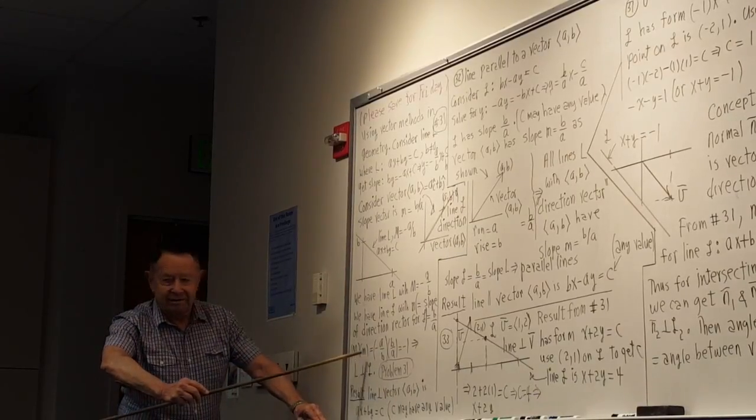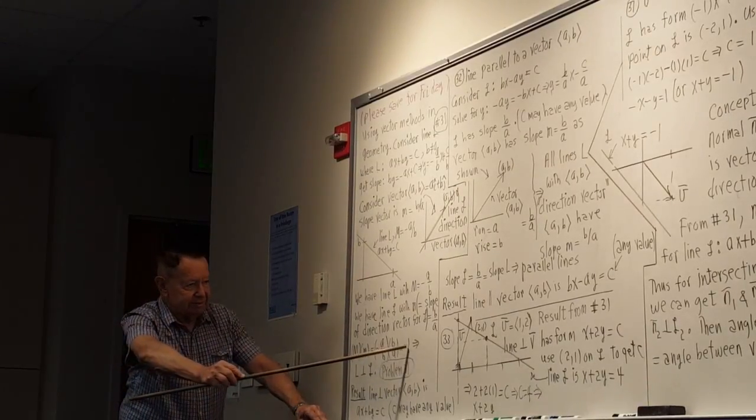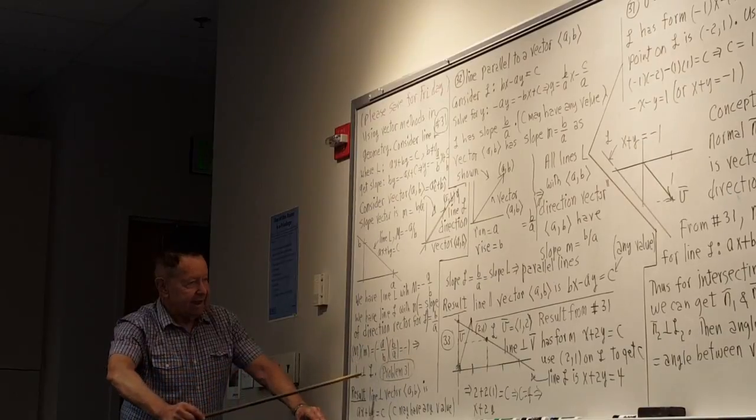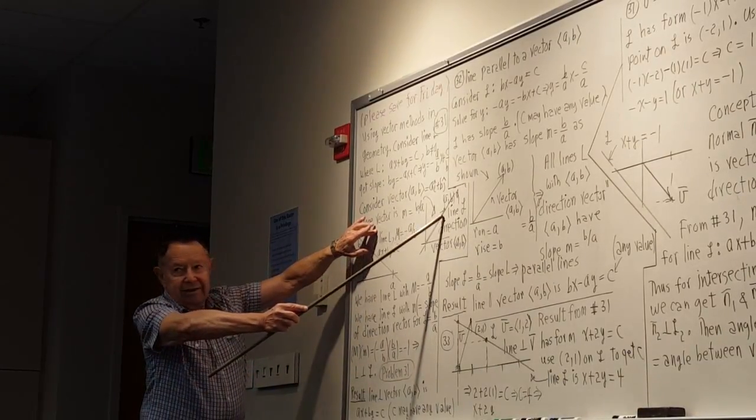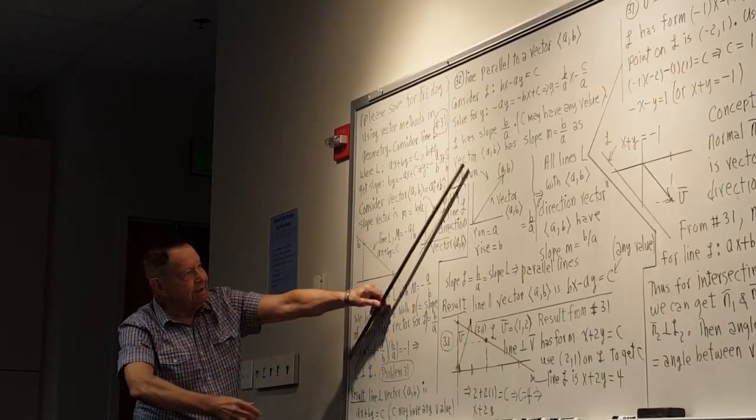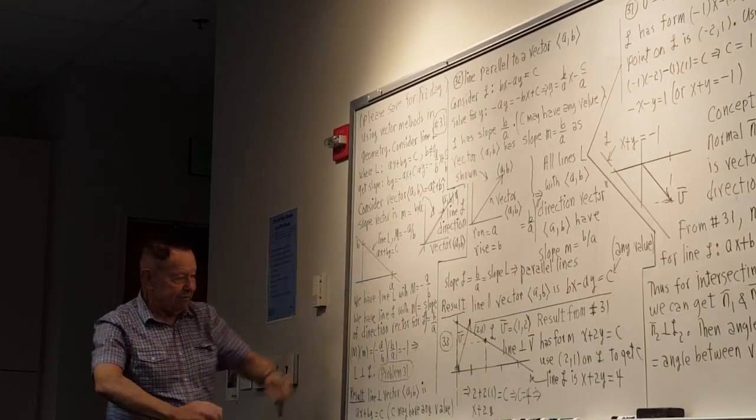So the product of those slopes, you see, is minus 1, and that proves that this line is perpendicular to that one, which it even looks like, I think, in my picture.